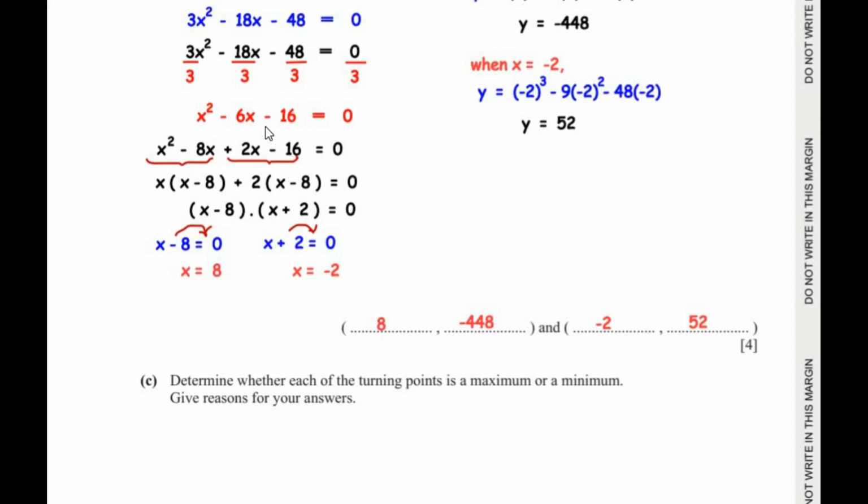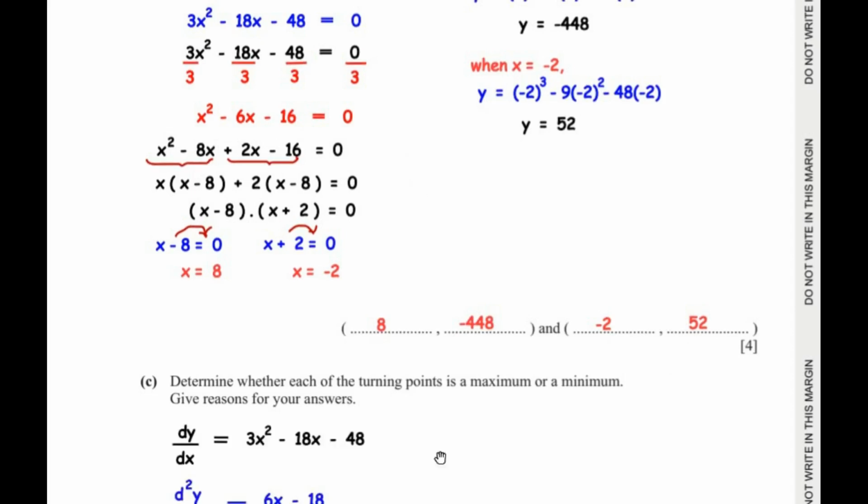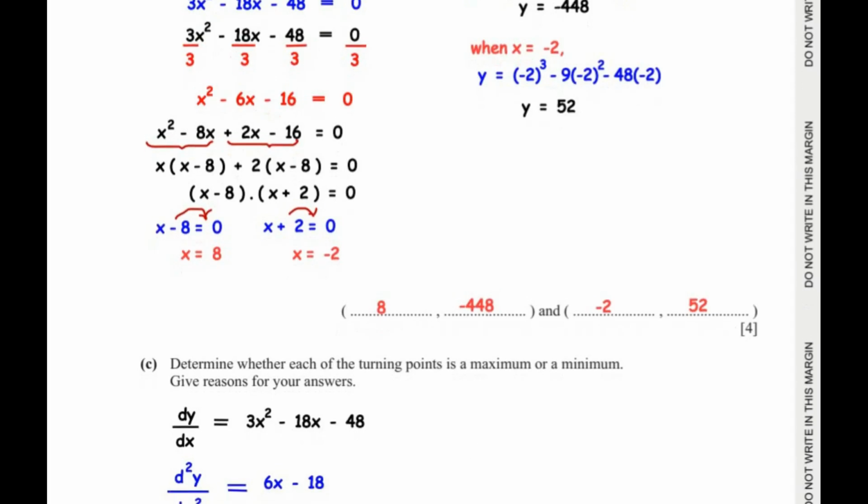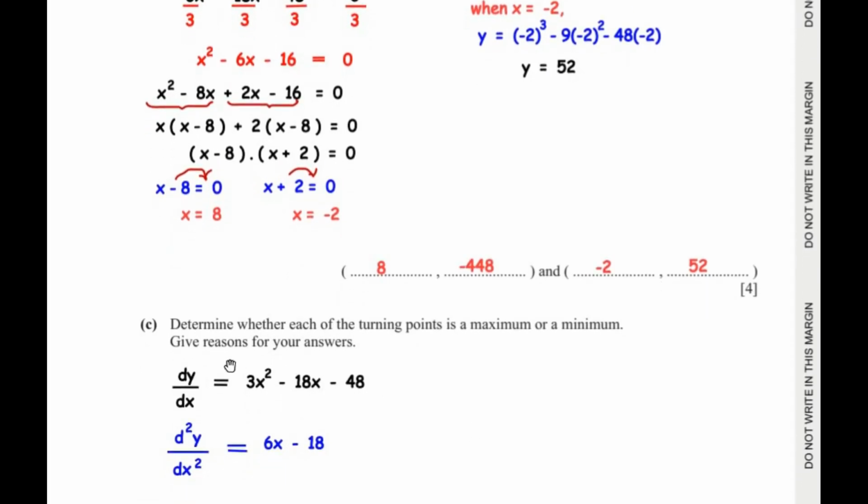So for that, let us consider the dy by dx equation. So dy by dx is equal to 3x squared minus 18x minus 48. This is what we had got. And the method which I am going to use here to find the maximum and minimum point is double differentiation, which means I am going to differentiate dy by dx once again.